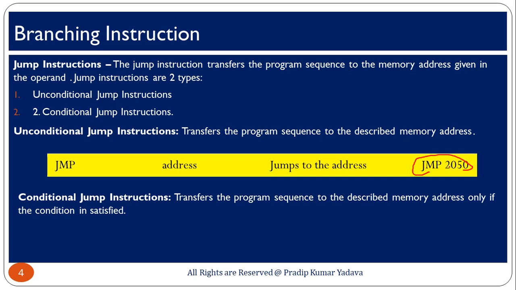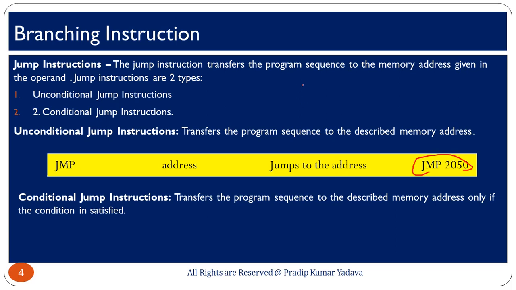If you want to move your program counter to a specific location without checking any condition, then you can use jump, and whatever address you mention with jump, the program sequence will jump to that address.